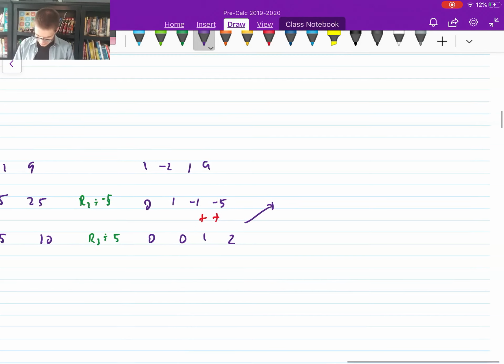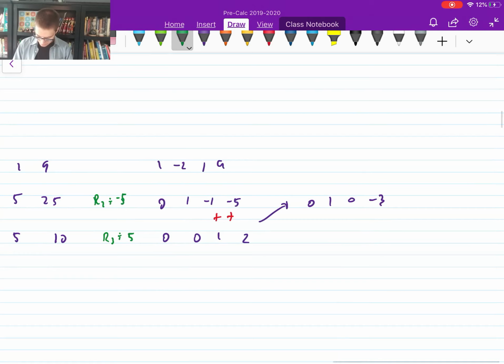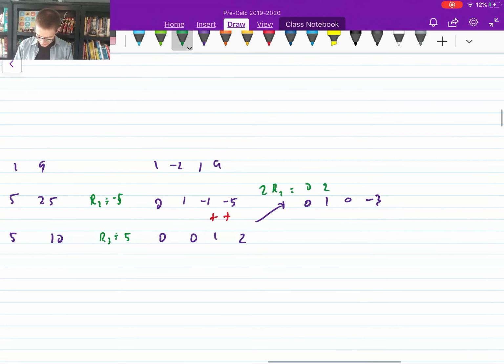So that gives us 0, 1, 0, -3. And let's see, I can add 2 times that row. 2 times row 2 is 0, 2, 0, -6.